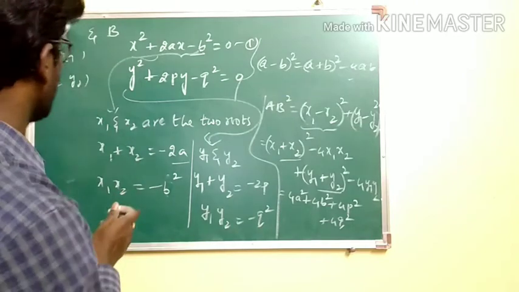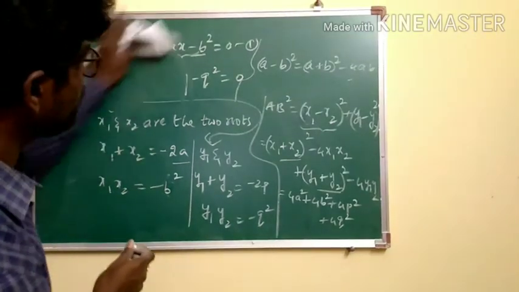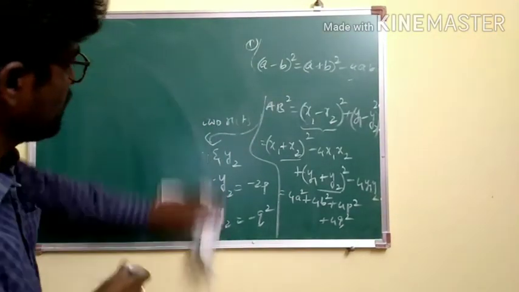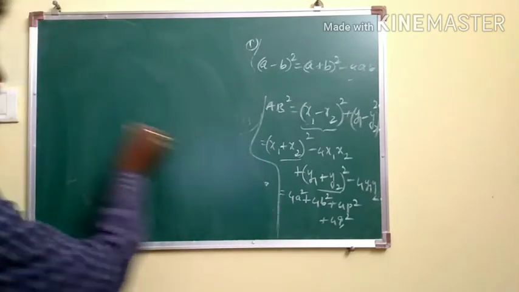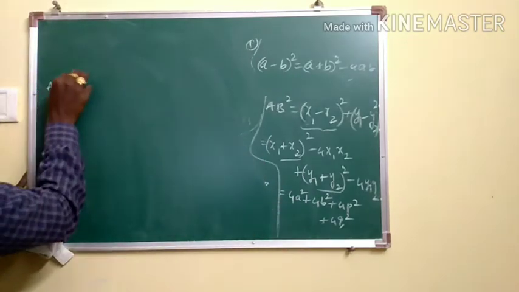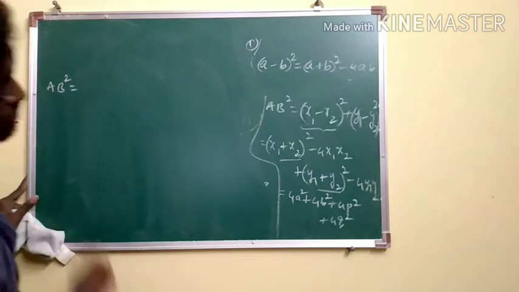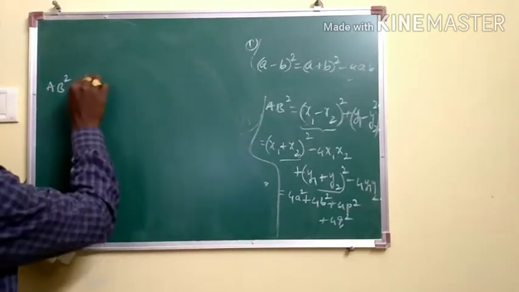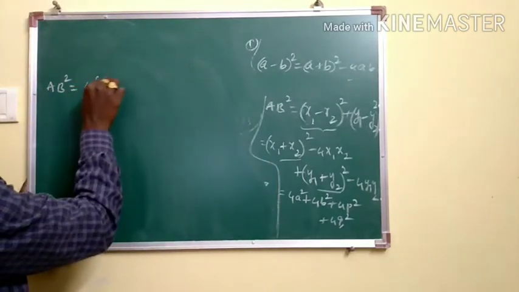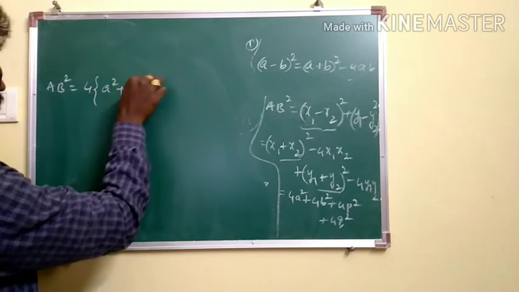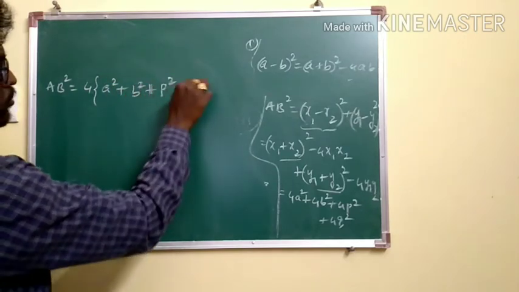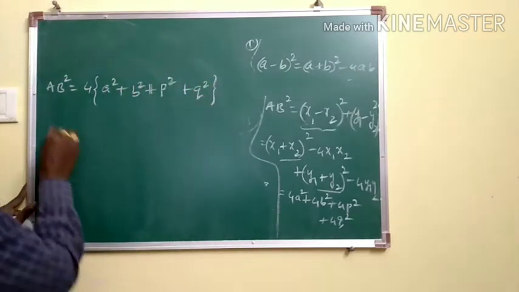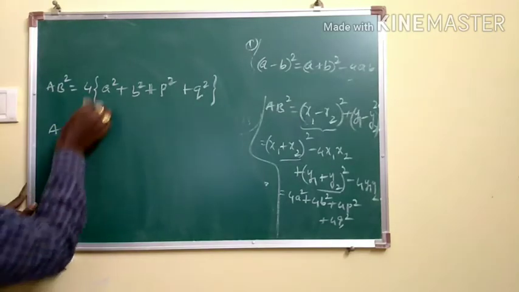Therefore, what is the common factor? I am just erasing this part. Here AB square is equal to 4 as the common factor, so that we have a square plus b square plus p square plus q square. Therefore, we want only AB, so the square root of this.